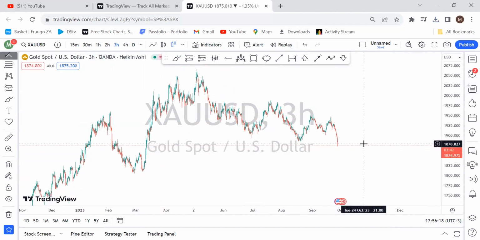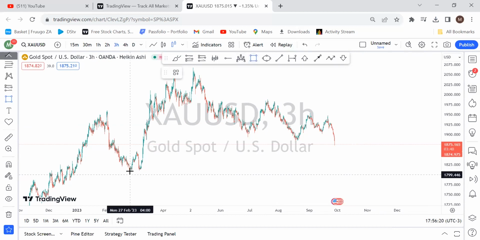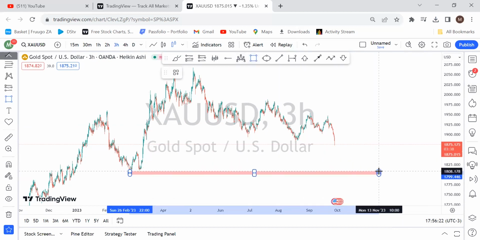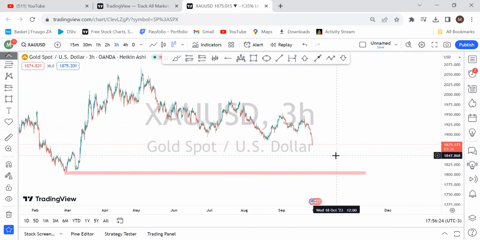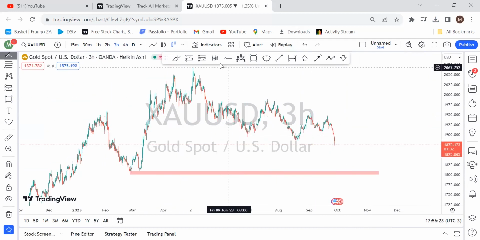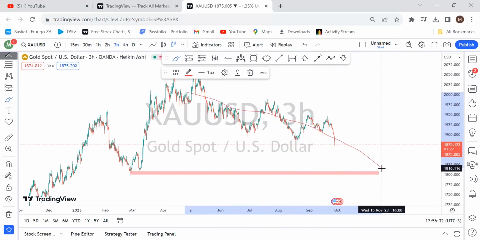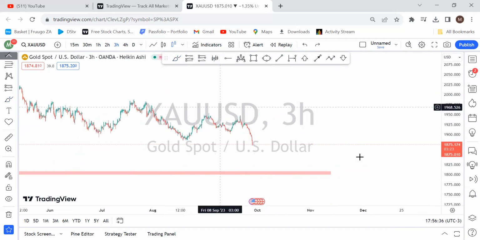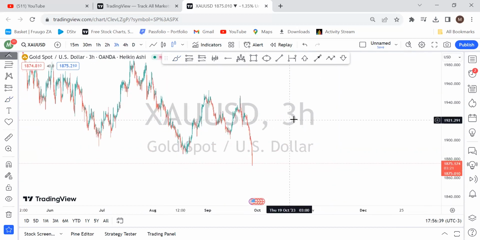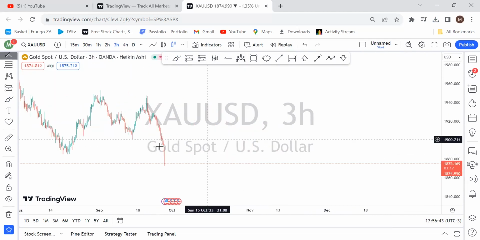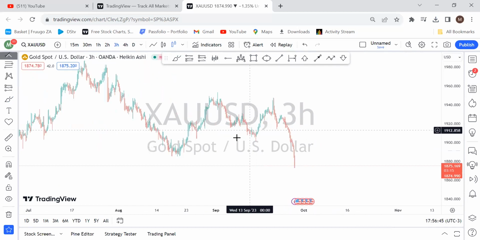We're in the 3-hour time frame. Main support right there. And looks like the price is just moving downwards, right? Which means we must look for selling opportunities, but it seems like we missed it because this huge drop, massive, I tell you.